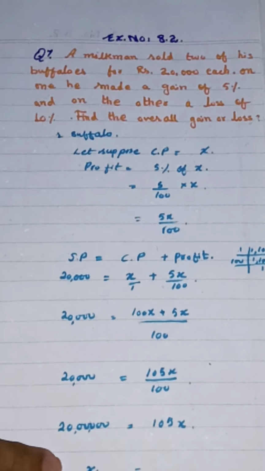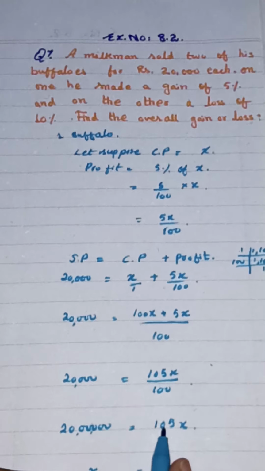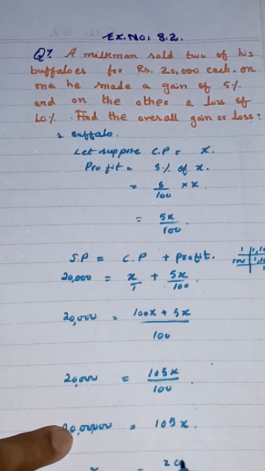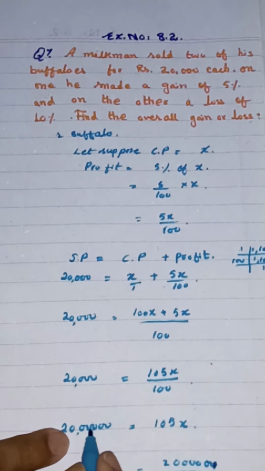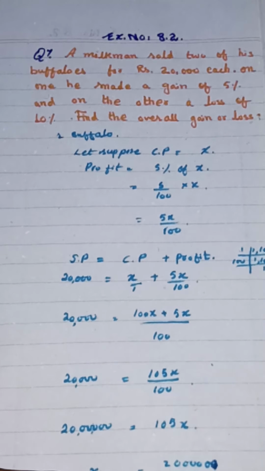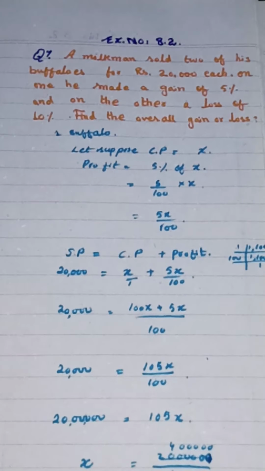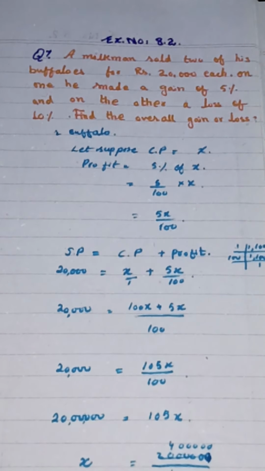So X equals 20 lakhs divided by 105, which is 4 lakh divided by 21.